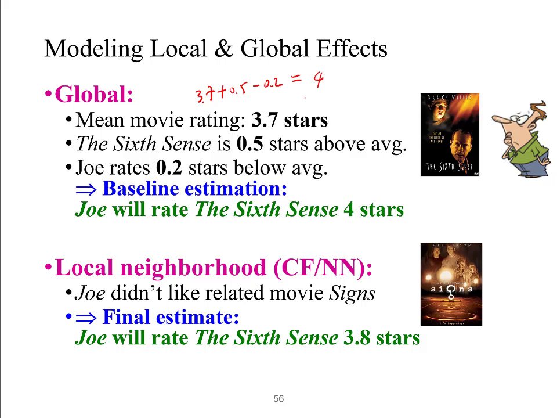Now say we consider the local neighborhood. CF is collaborative filtering and NN is nearest neighbors. So we know additional information, like Joe didn't like a related movie, Signs. Well, I don't know either of these movies, but let's say these two movies are related somehow.